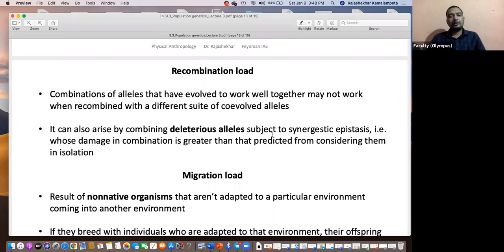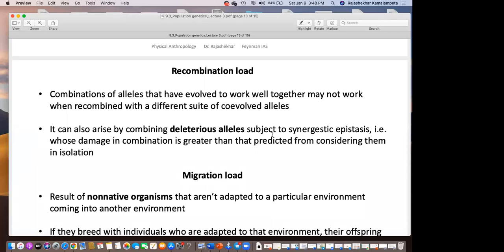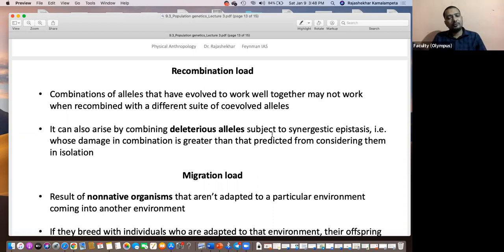So the recombination process takes place during cell division. It can also take place during mitosis, but our focus is usually on meiosis. It does happen during mitosis as well, but we are more interested in recombination that happens in meiosis. Why? Because that is where next generations are influenced. Mitosis would only affect an individual, not the next generation.